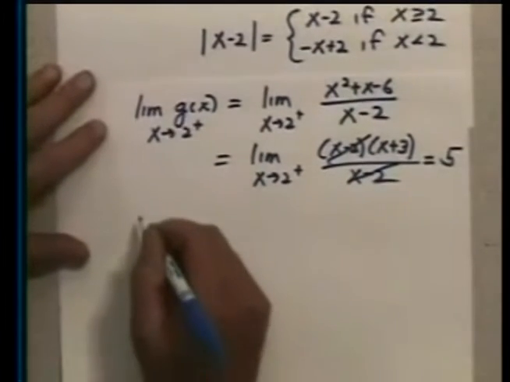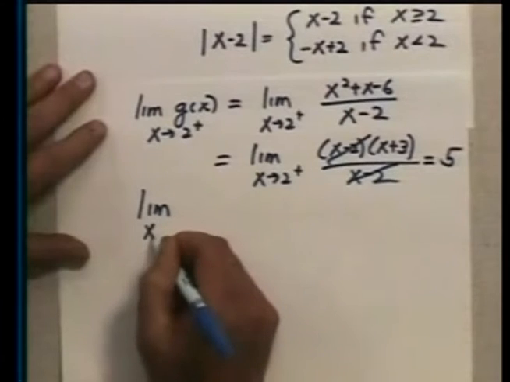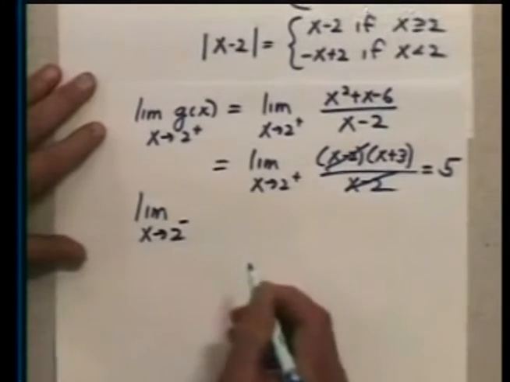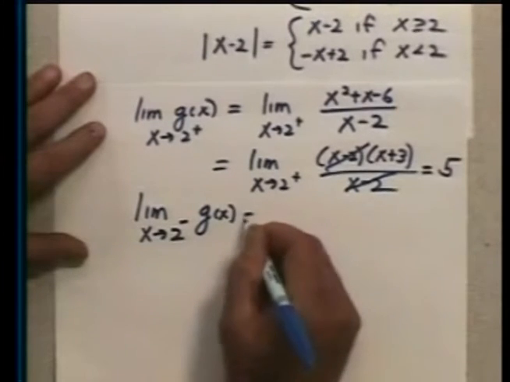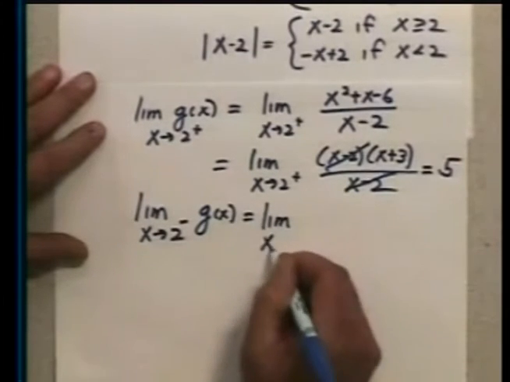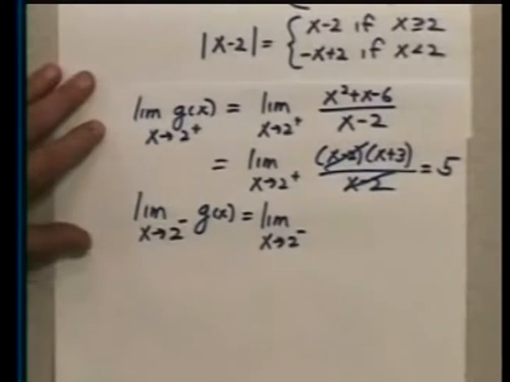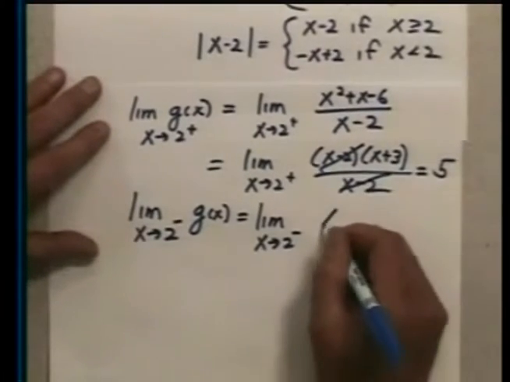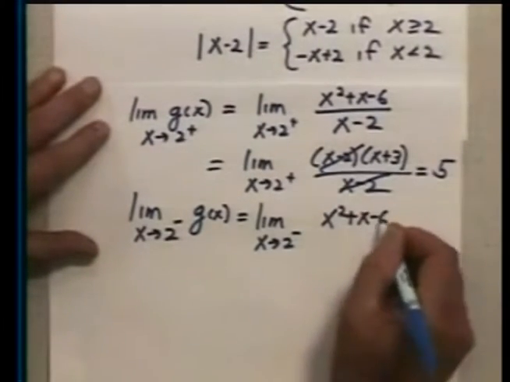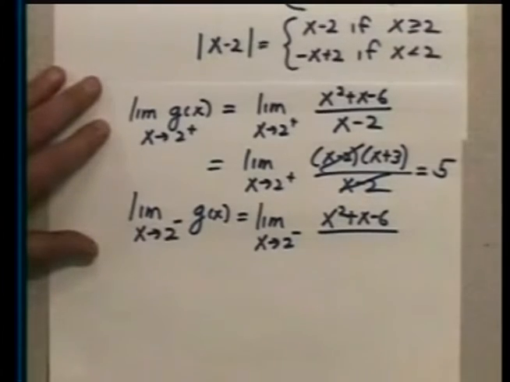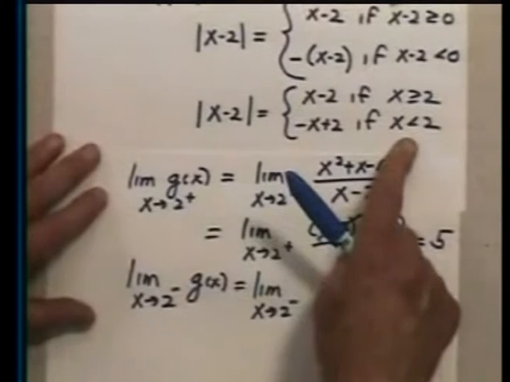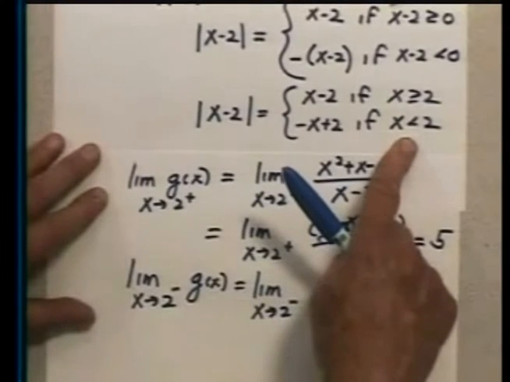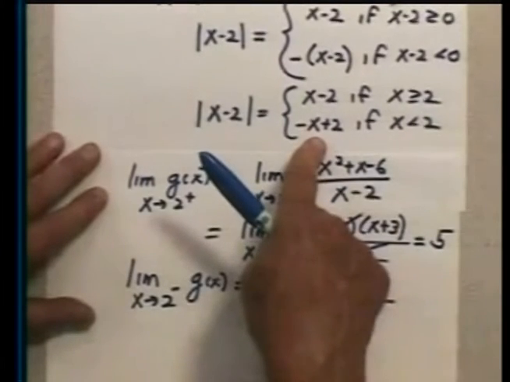Okay? Now I want to do the same problem if you're approaching 2 from the left. Well, what does the problem become if you're approaching 2 from the left? It becomes x squared plus x minus 6 over what? Well, if you're approaching 2 from the left, you are less than 2, which means you use this version.